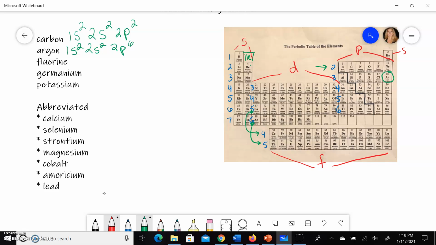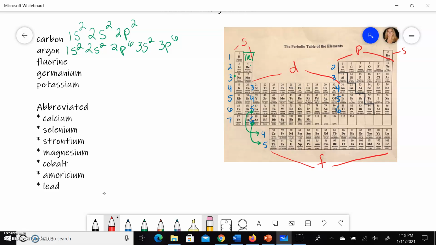And that gets us to neon. So now we're right here, and we're going to go down to sodium, which is down here. So we're now at 3s2, gets us across to magnesium. And then keep on going all the way across. Here we are all the way to 3p. And for argon, we're going to go all the way across, so we're going to put a little 6 up there.